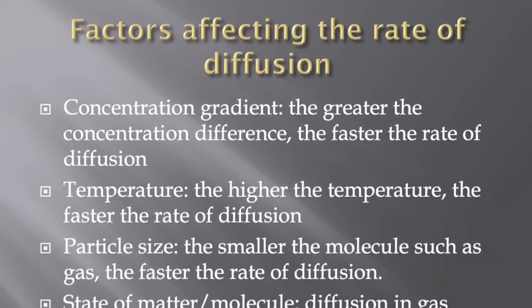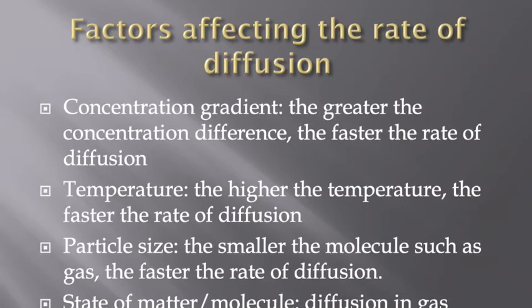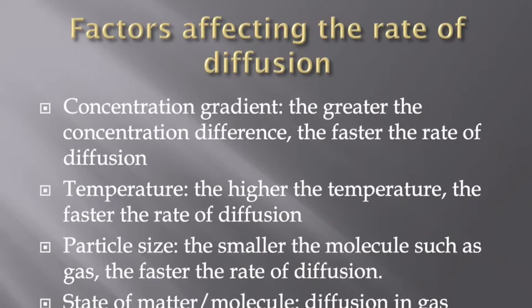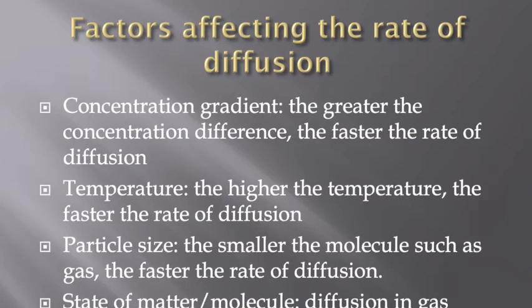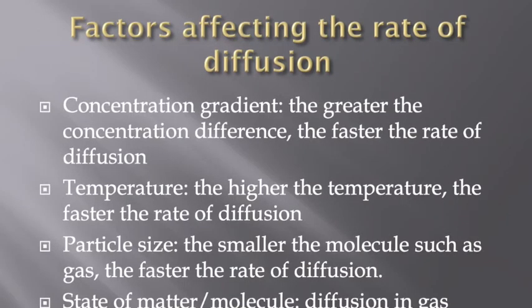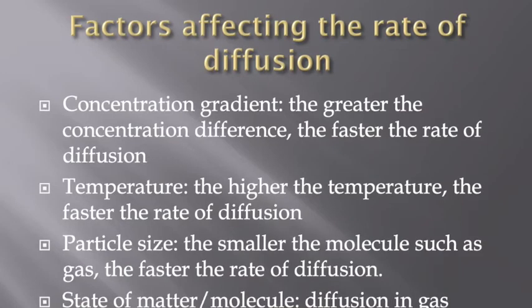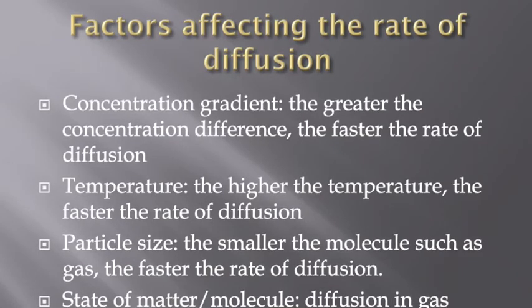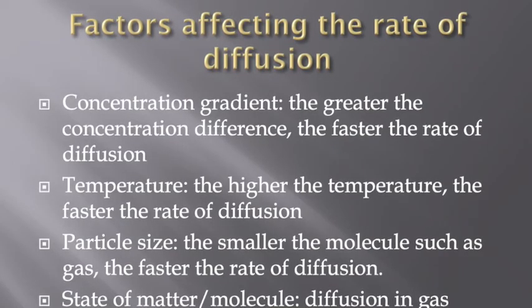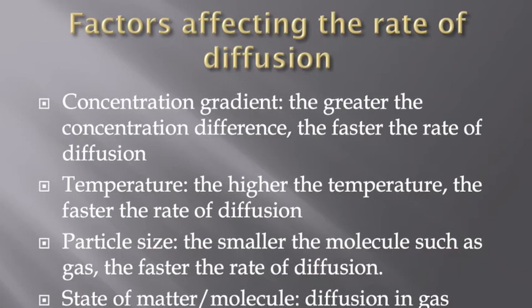And before diffusion can take place, we must have a higher molecular concentration. So, the greater the concentration difference, that is between the higher concentration and the lower concentration, the faster the rate of diffusion.